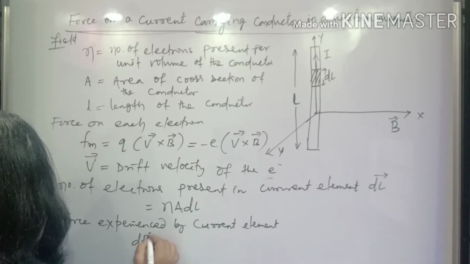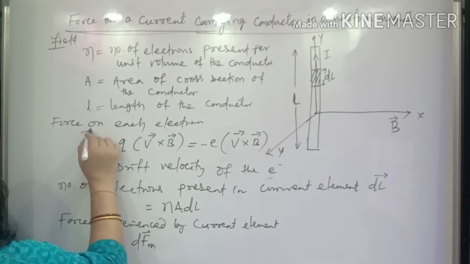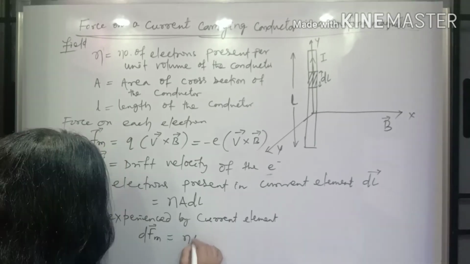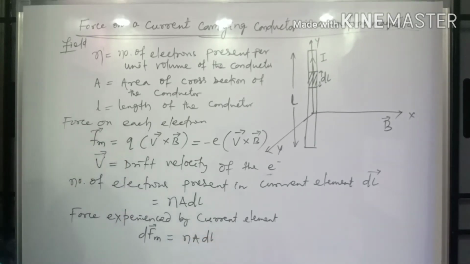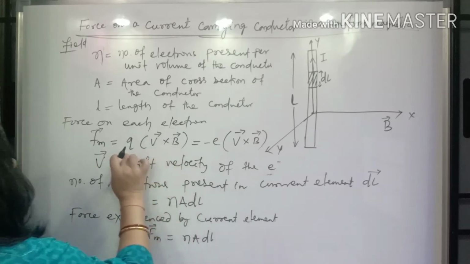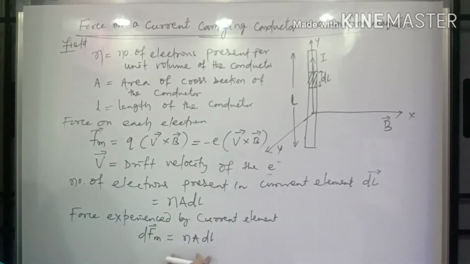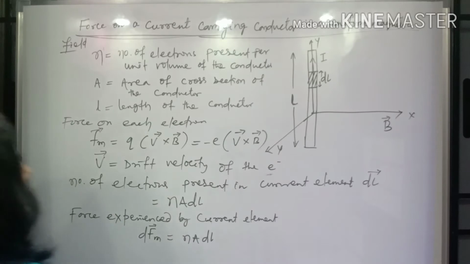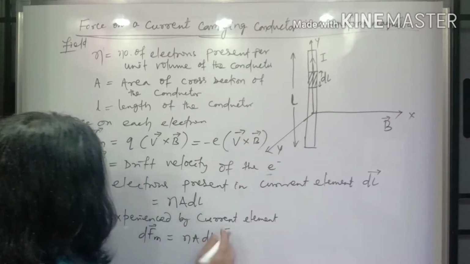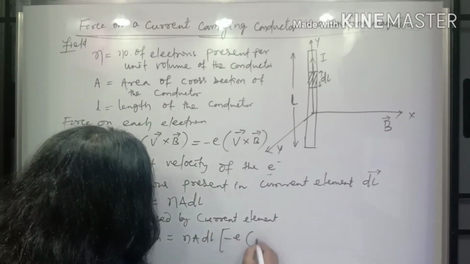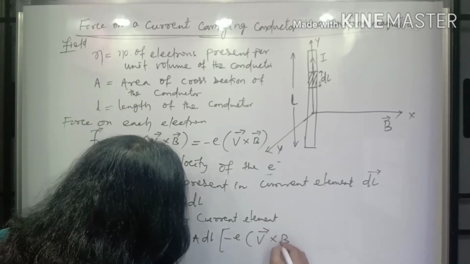So dFm will be equal to what? NaDl, meaning the total number of electrons, into the force experienced by one electron. So this is NaDl into minus e v cross B.